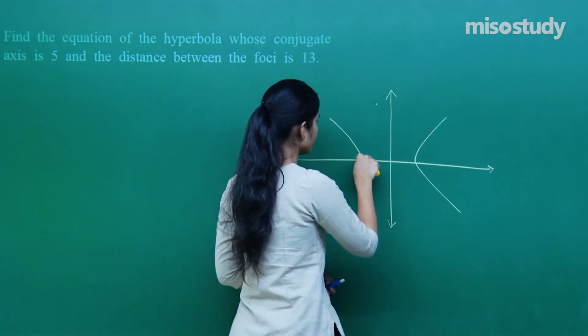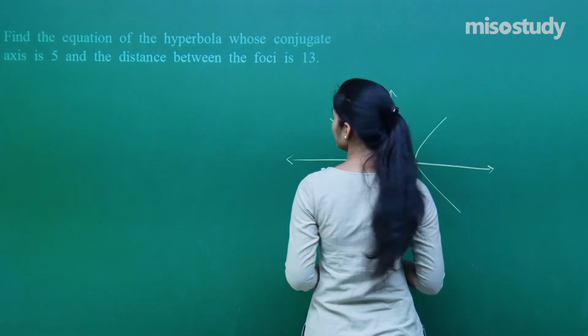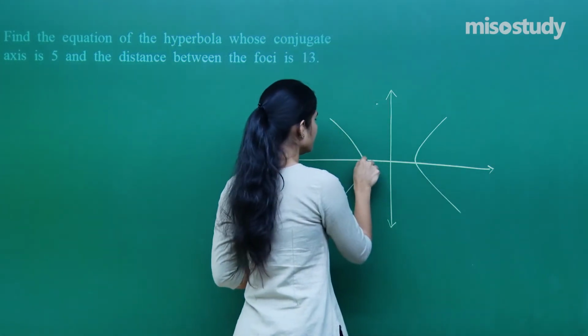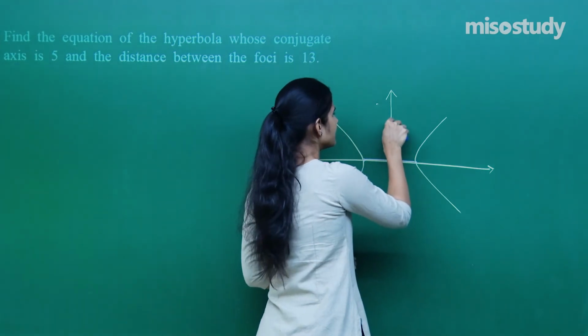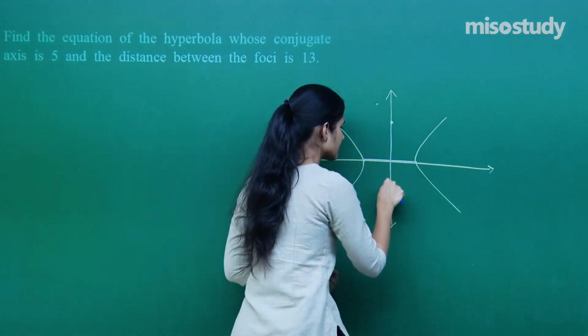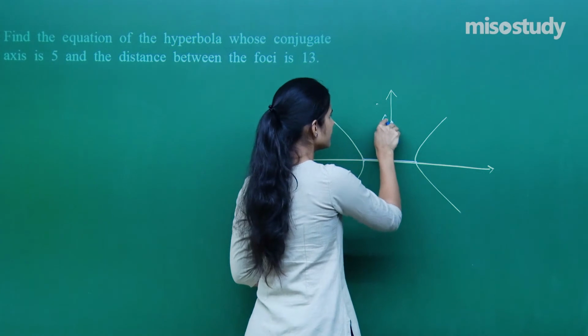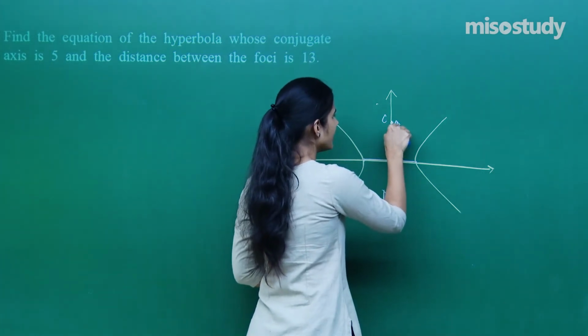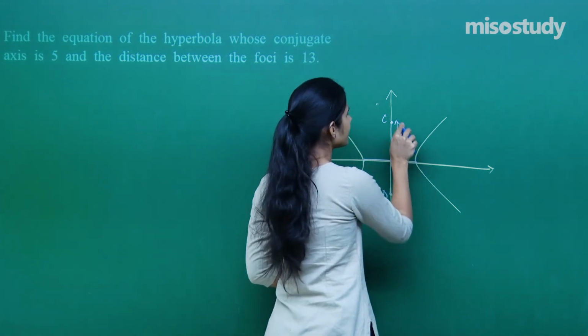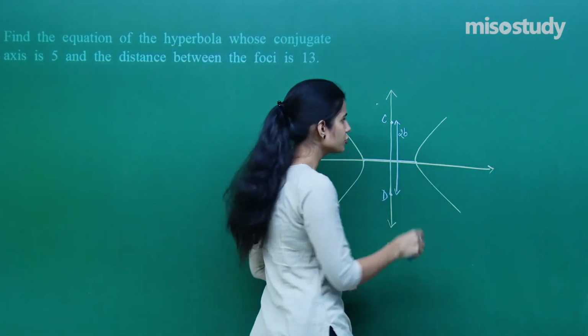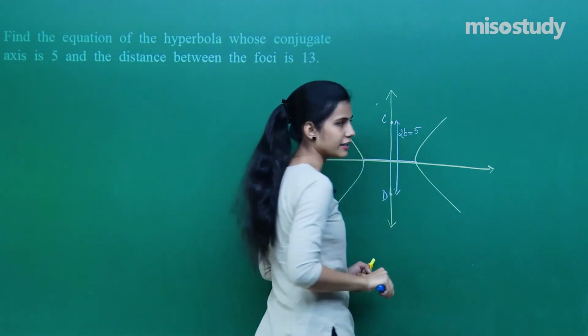This is my transverse axis and say this is my conjugate axis. So this is C, this is D. It is given that this distance is equal to 5, but I know 2B is taken as the length of the conjugate axis and this is given to me as 5.